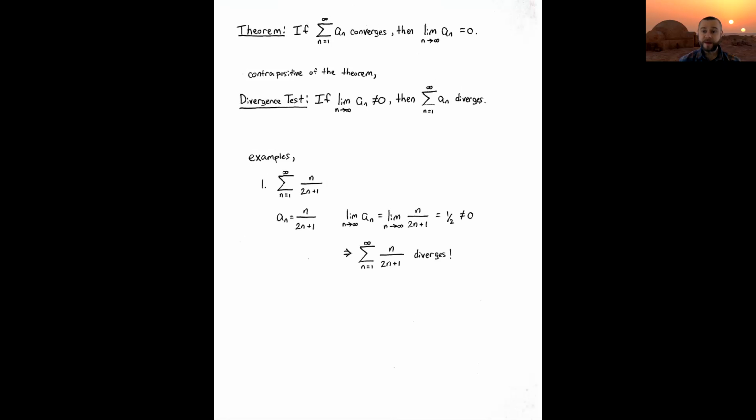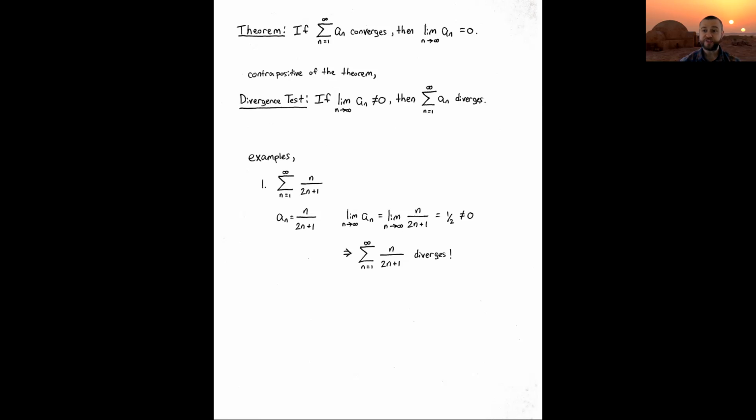If we take the limit of that term as n approaches infinity, you could here use L'Hopital's rule if you want, or just think back to some simpler results from Calc 1. The degrees of the powers of n are equal, so the limit here would be the ratio of those leading coefficients of the highest power of n. Or again, you could apply L'Hopital's rule.